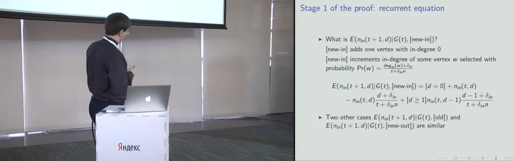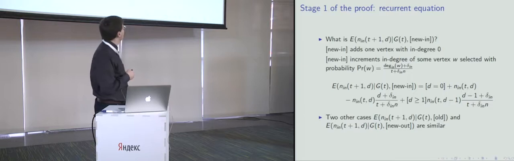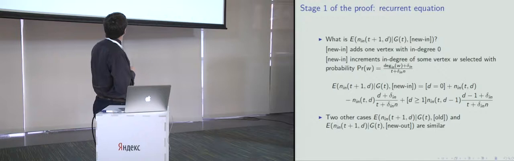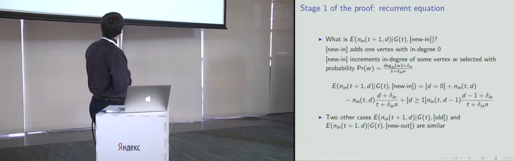Thus, we can calculate the conditional expectation given that we know the graph at some step, and we know that this process is used. If d is 0, we get one new vertex in this quantity. We have a number of vertices from the previous step, and with that probability we lose one vertex.